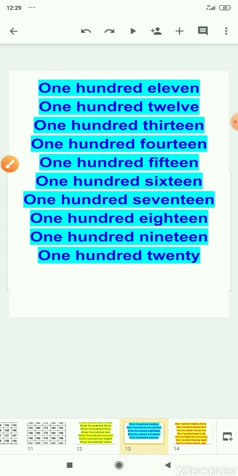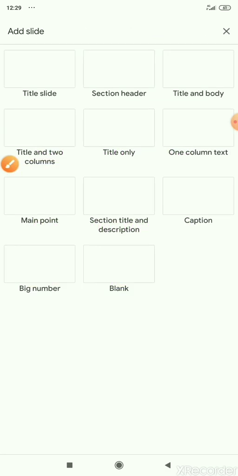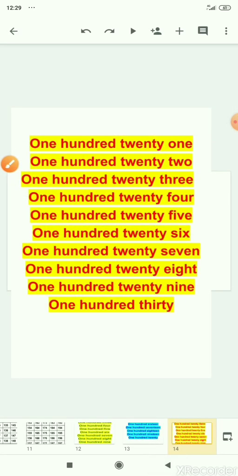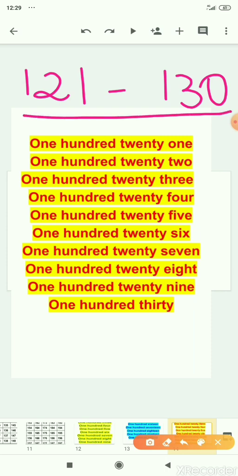Okay, now what comes after 120? 121 to 130. So here we have spellings from 121 to 130.